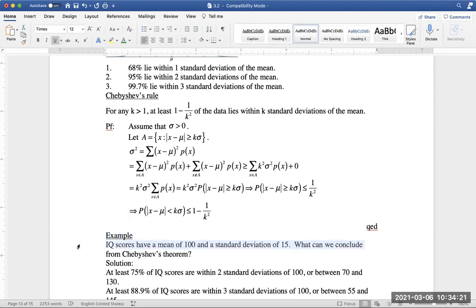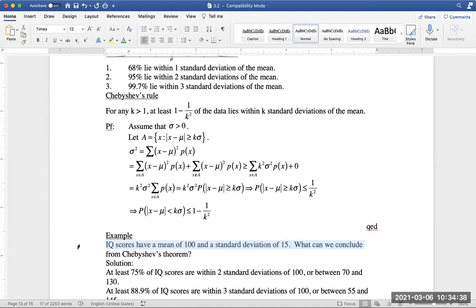So let's do an example. IQ scores have a mean of 100 and a standard deviation of 15. That's by definition. So how do you figure out your IQ score?